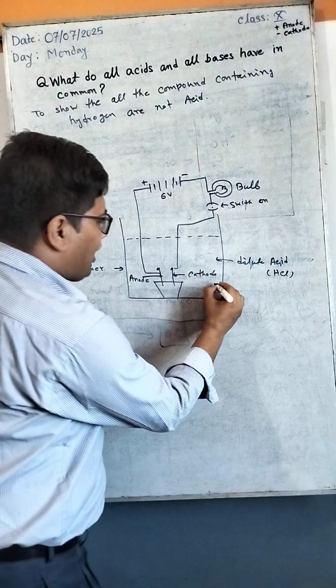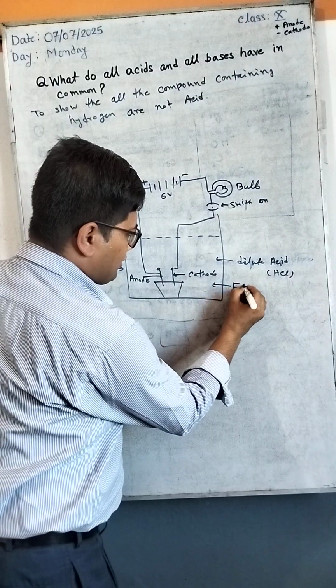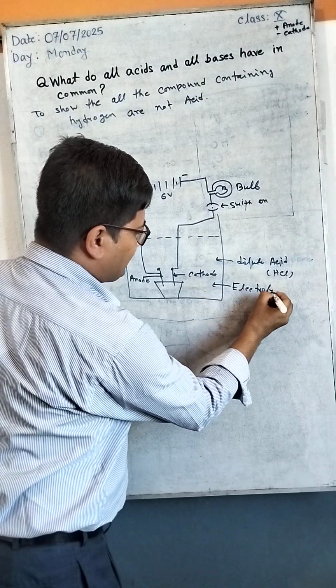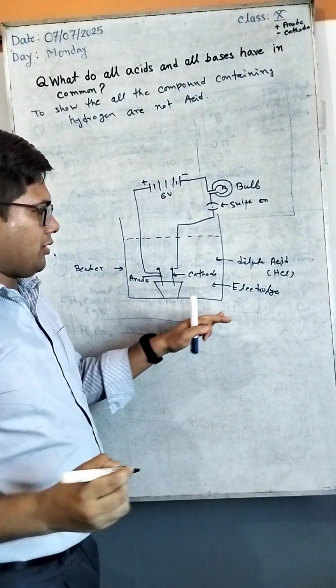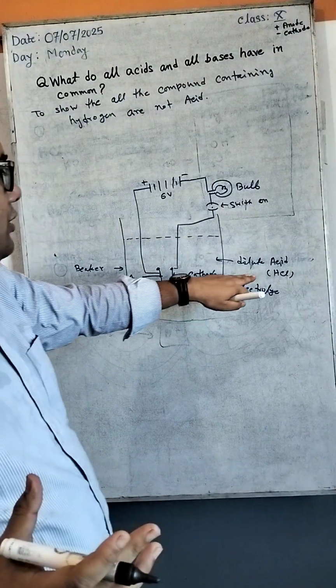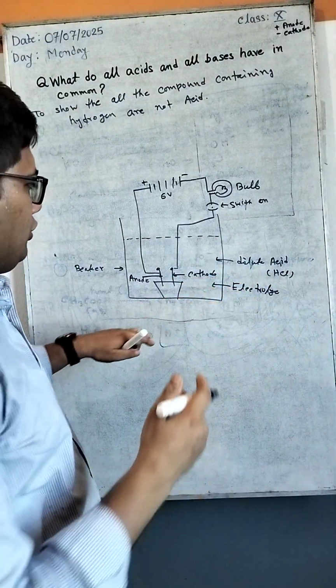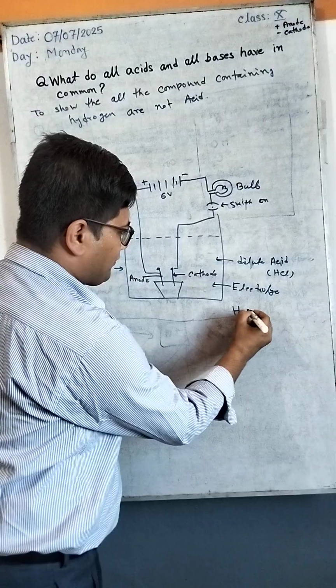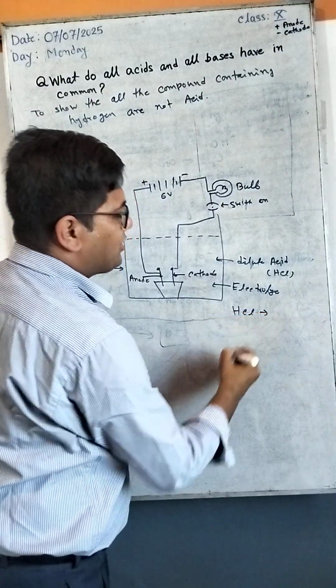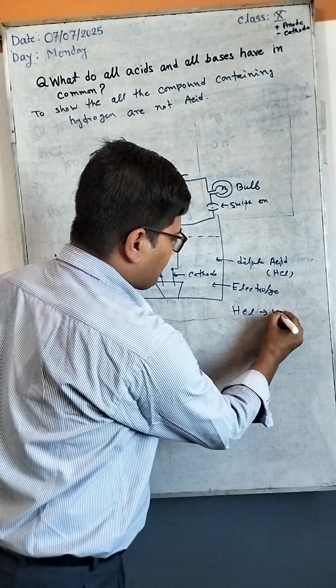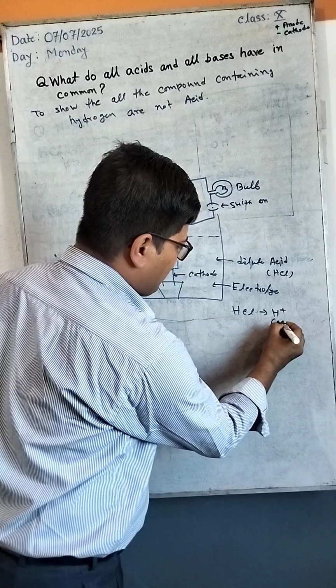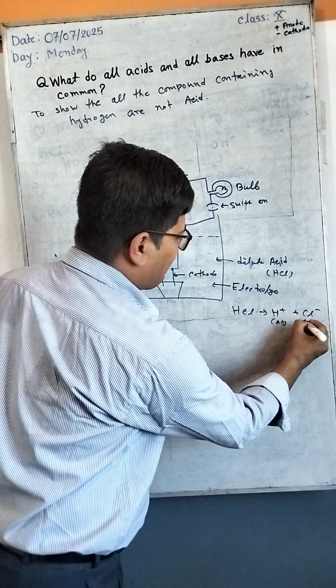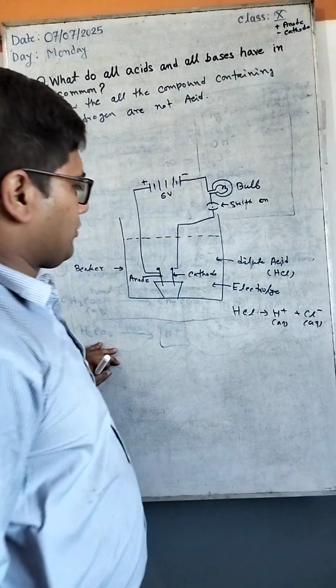Here is the electrolyte, HCl. At that time HCl breaks down and forms H plus and Cl minus ions.